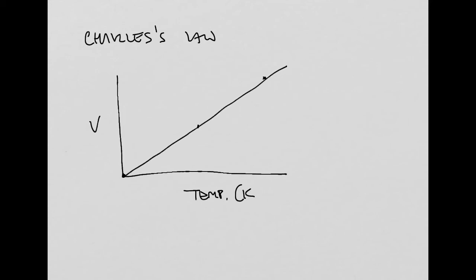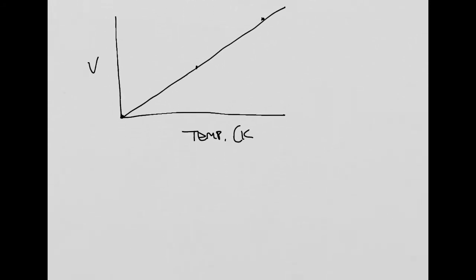So it increases in size, just like if we took a balloon from the cold outside and brought it inside, it would increase in volume because the balloon is made out of rubber and it's a flexible volume.